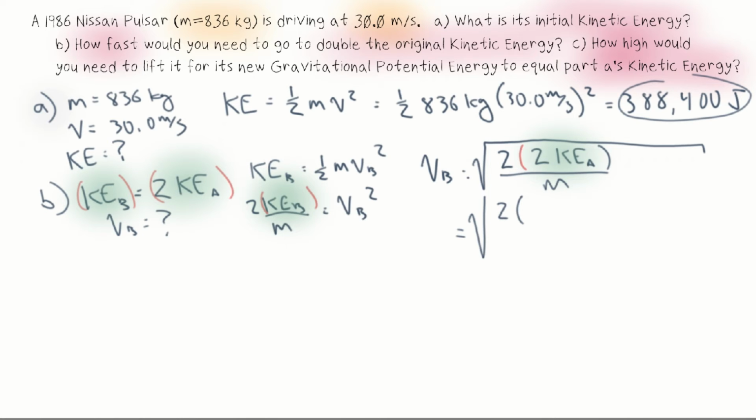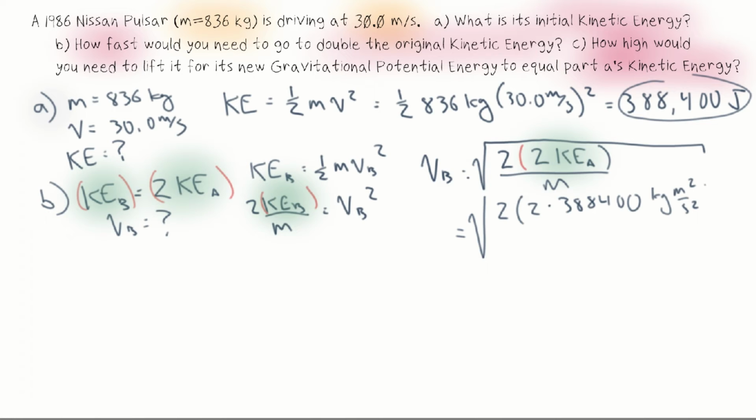So it's 2 times 388,400, and that is kilograms meters squared per second squared.